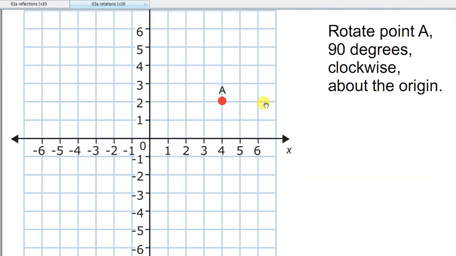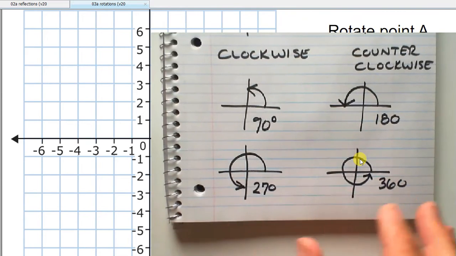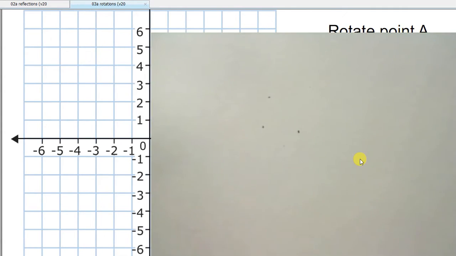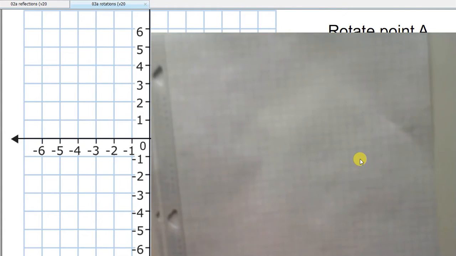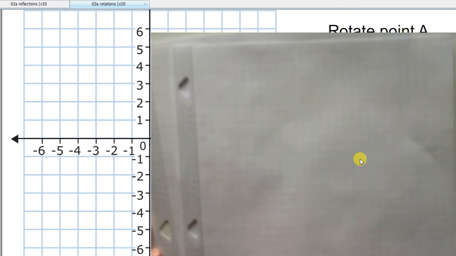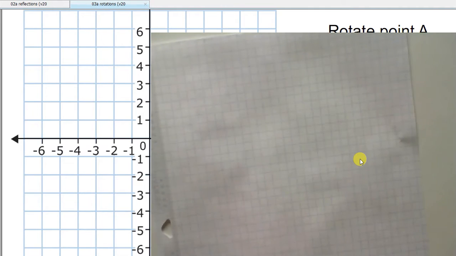So we are going to rotate this guy right here, and it's going to start with graph paper. So let me get some graph paper. I'm going to take this one right here and fold it to make 4 boxes.